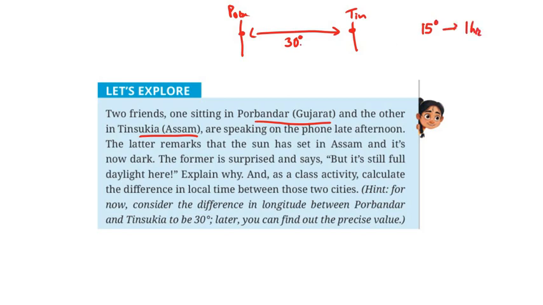So since the separation is around 30 degrees, there is a gap of around 2 hours. So this means that while the sun has set over here, the sun is still in the sky over there. So in this way you can explain the difference in local time by considering the longitude of your place.